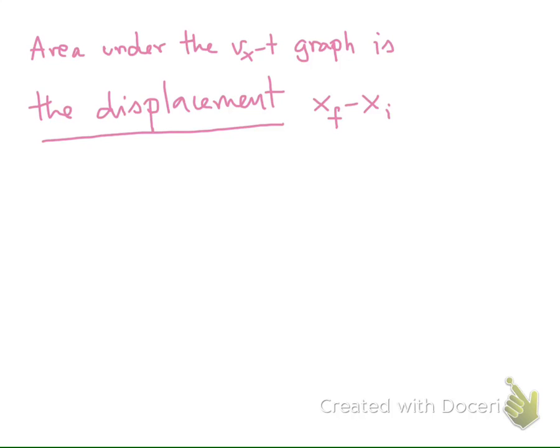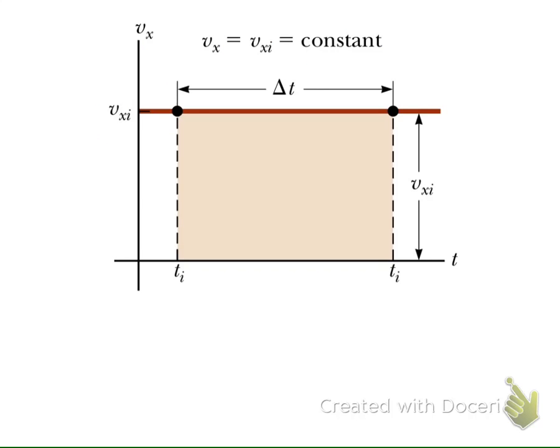So if we look at the v-t diagram for an object moving with a constant velocity, we will have this kind of graph, and the area under the graph here is equal to the displacement over the time ti to tf.